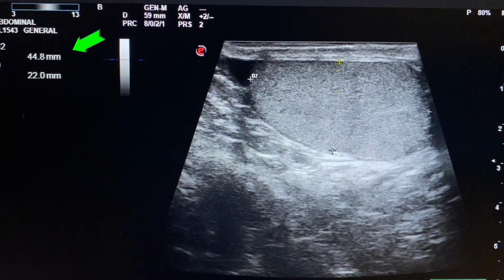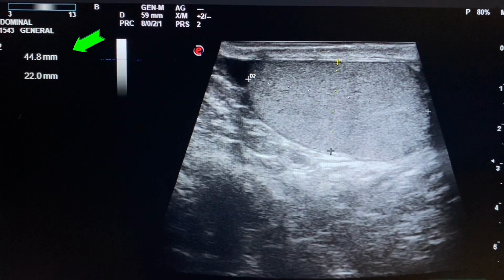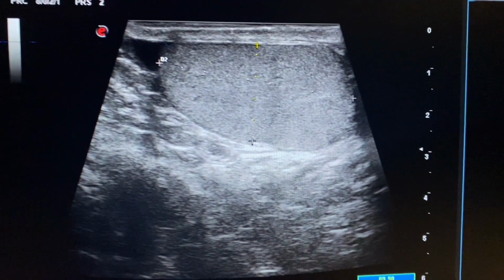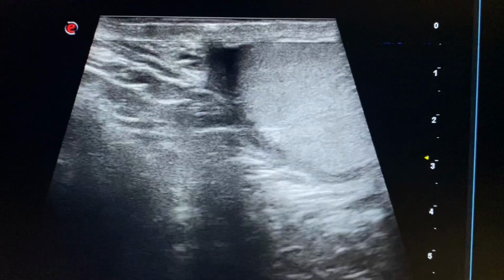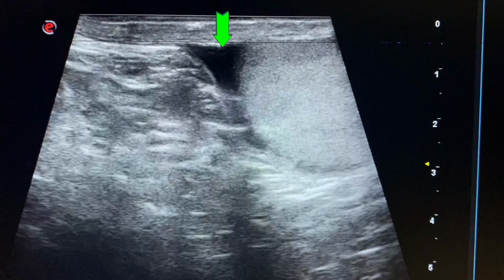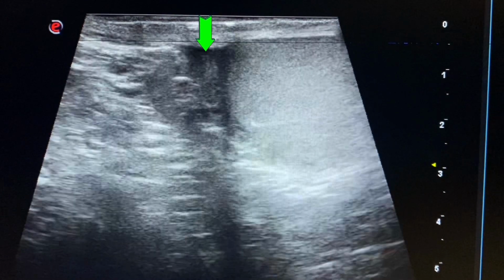The normal size of the testis is up to 50 by 30 millimeters, or 5 by 3 centimeters. Here we also see minimal fluid around the testis.